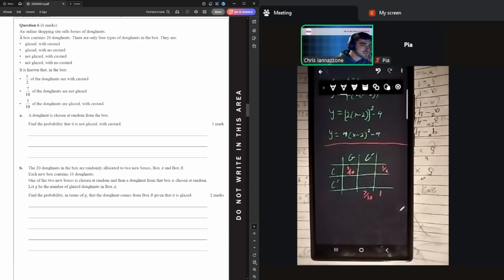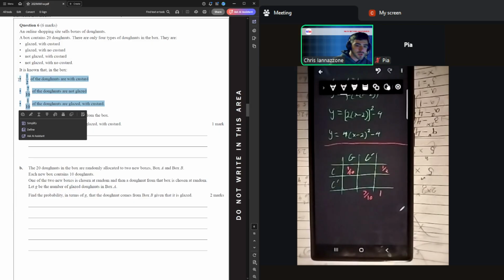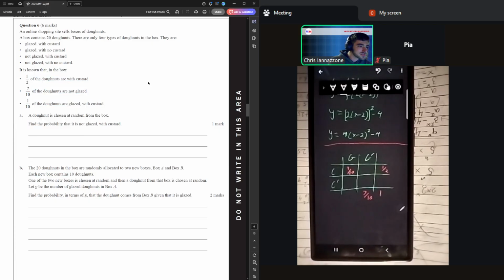The other thing to consider is that this stuff still hasn't changed. You can think of these now as global stats for the entire scenario. Yes, it's being split into 2 boxes, and so the 2 boxes aren't going to have these, but as a whole, as a collective, these stats still hold up. Lots to consider there.